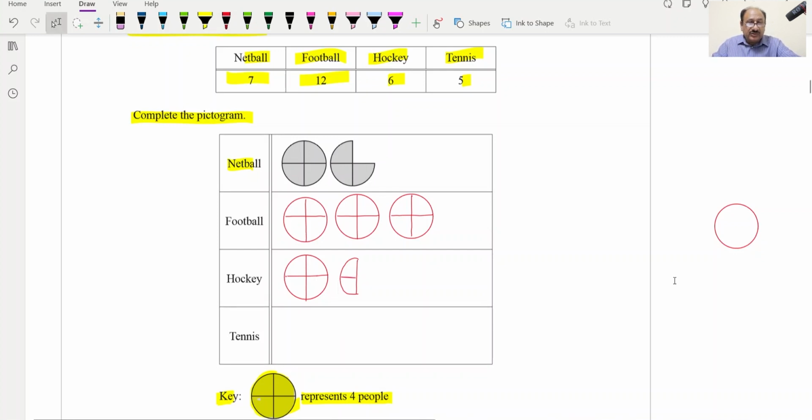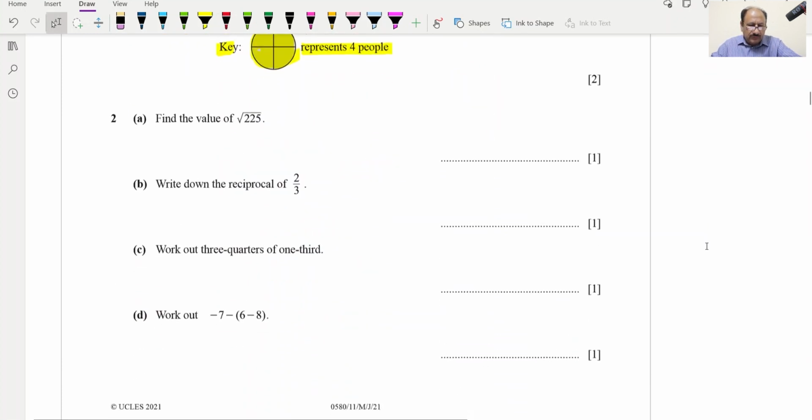Now tennis is 5, so tennis we can take one complete circle, representing 4 people, and one quarter circle like this one over here, so this will be 5 people. We are done with this.